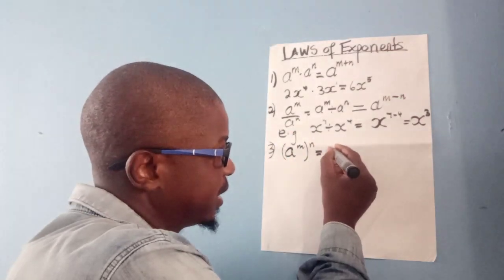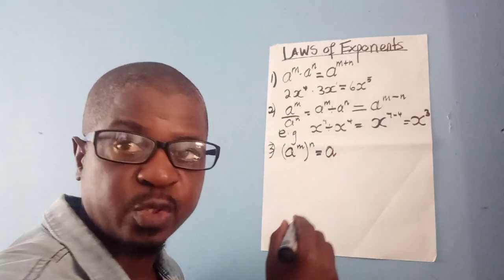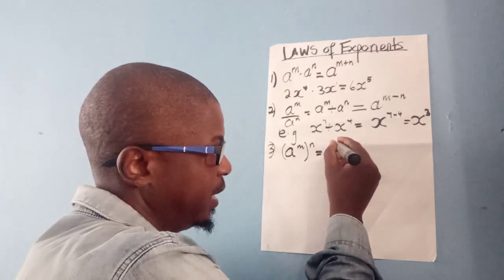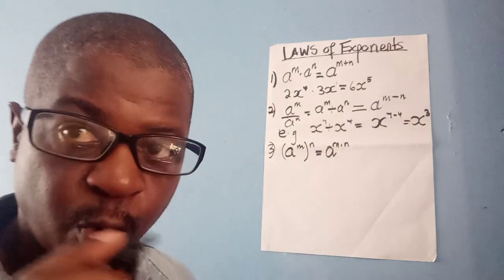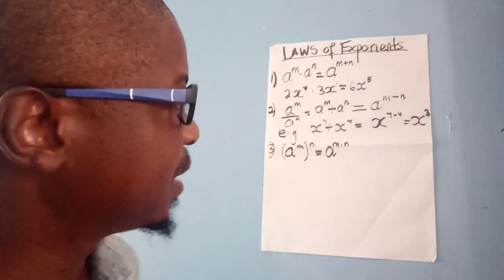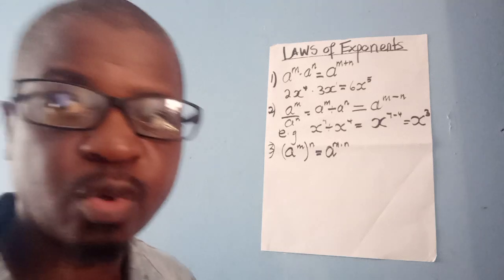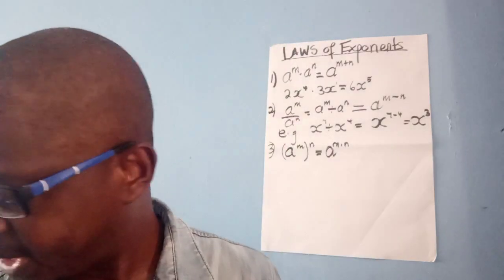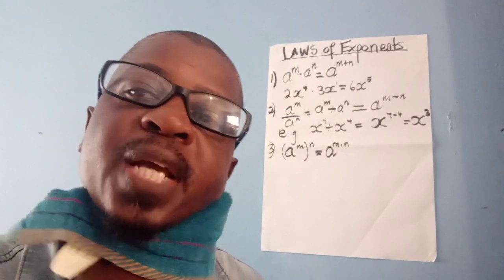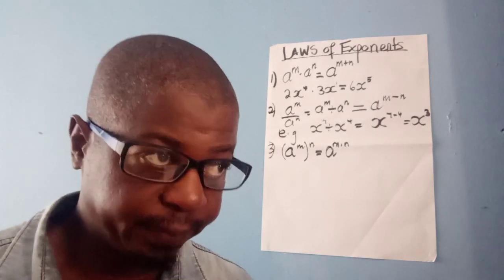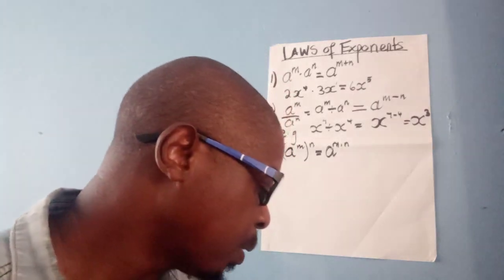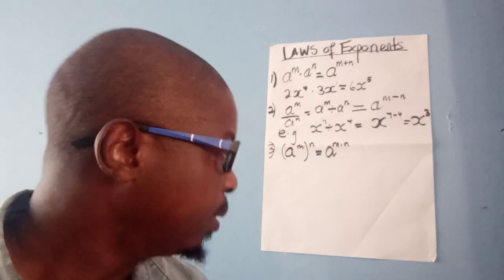It entails that our exponents are going to be multiplied, m times n. Pardon me, my m is not so clear, but because I'm explaining, none of you guys are going to be left out there. So do we have an example?